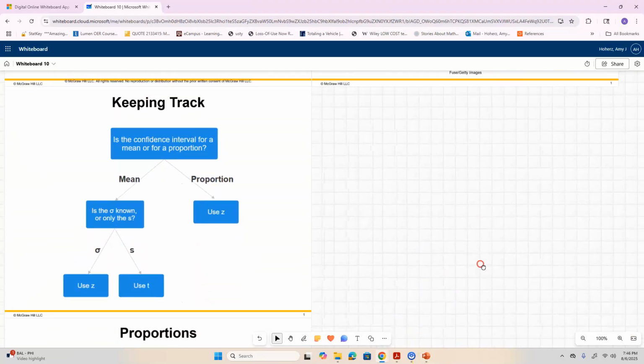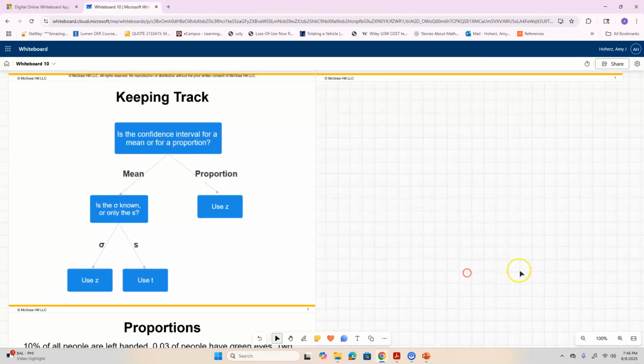So I know I promised you that you would get tired of this slide, but I'm going to go back to this slide again. And we're going to look at where we're at on Section 7.4. So in Section 7.2, we had means where we knew the sigma, and so we used z. In Section 7.3 that we just completed, we were doing means, but we only had the s, and so we used t, and that degrees of freedom.